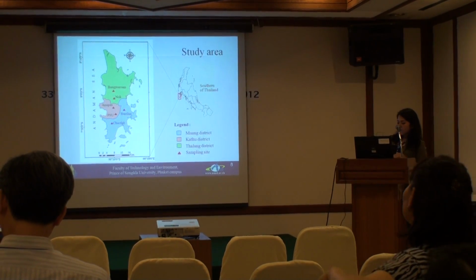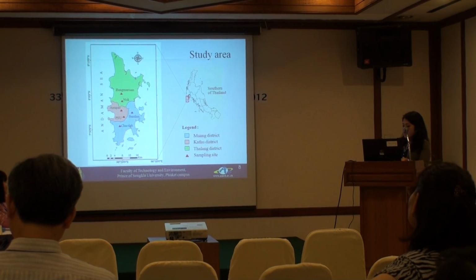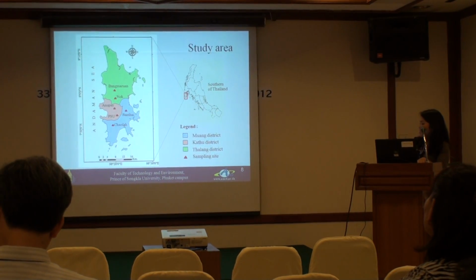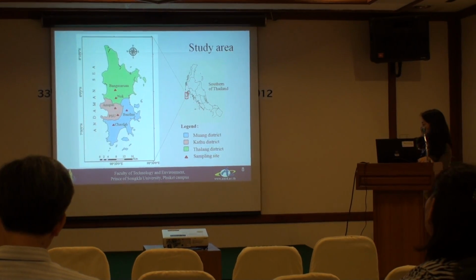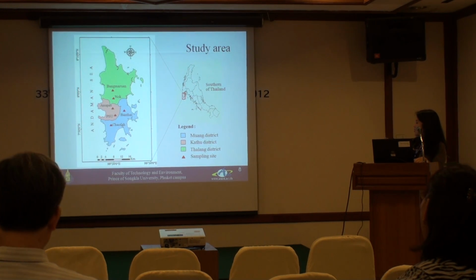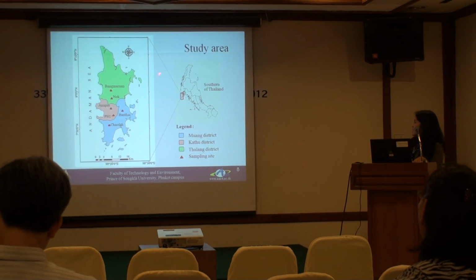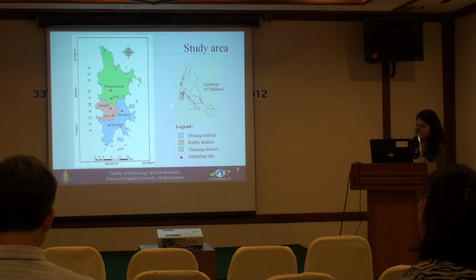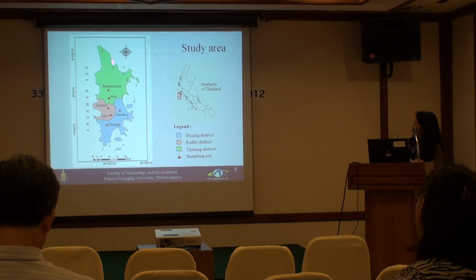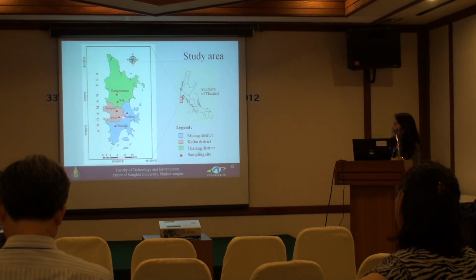Now, moving on to the next section, let's take a look at the study area. This is Phuket province in southern Thailand. And this is the boundary of the province.